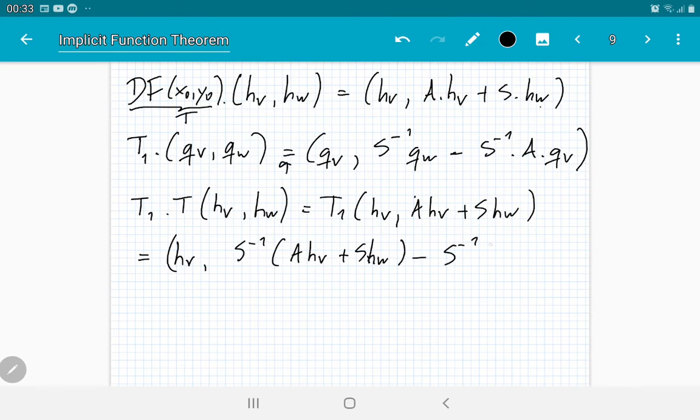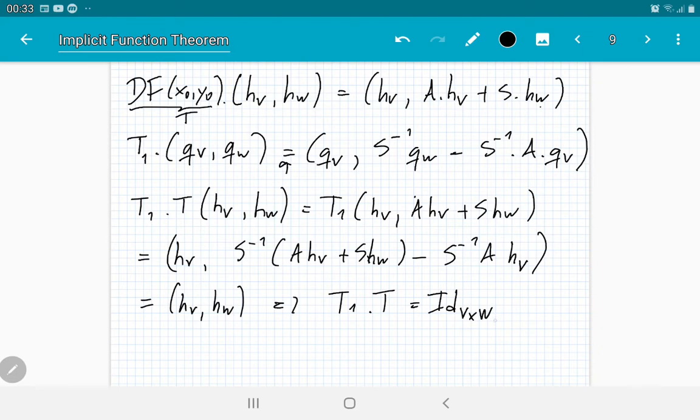So this is exactly equal to hv, hw. Therefore, we've argued that T1 times T is the identity operator on V times W. And you can also check that T applied to T1 is the identity operator on V times W.